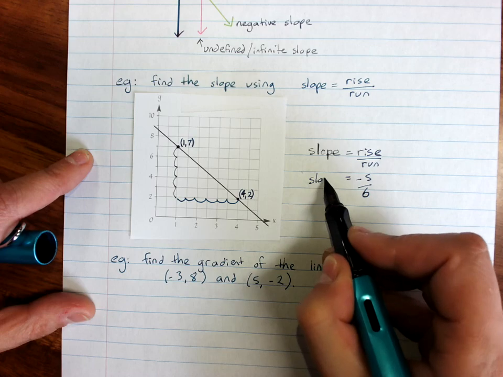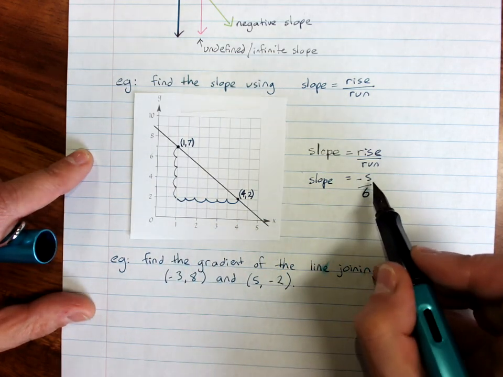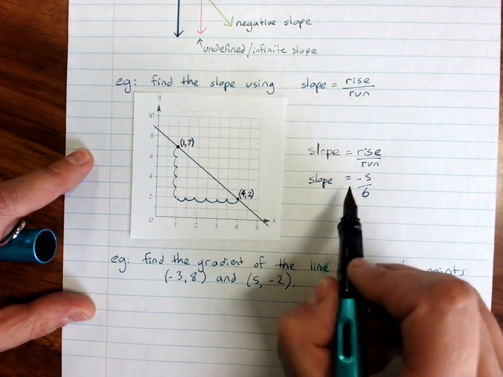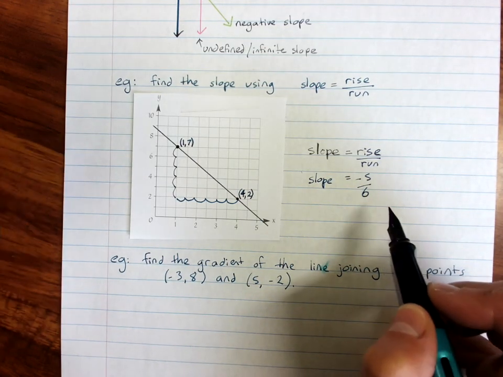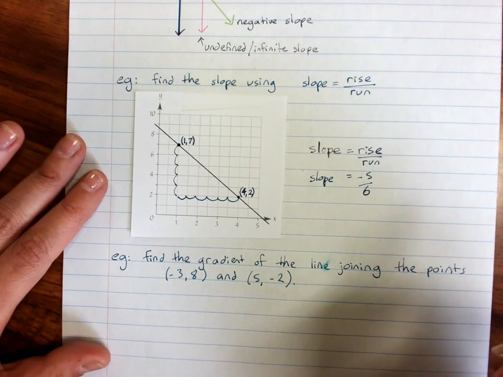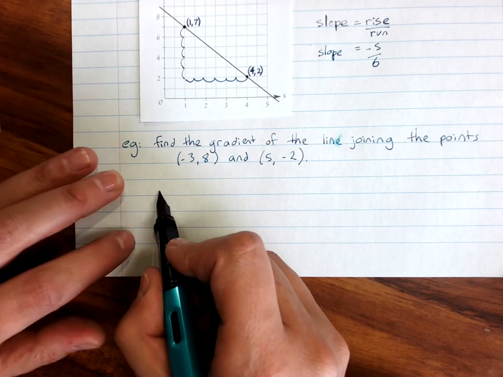So our slope is negative here, and it's negative 5 over 6, just saying for every 5 that it drops, we go across 6.